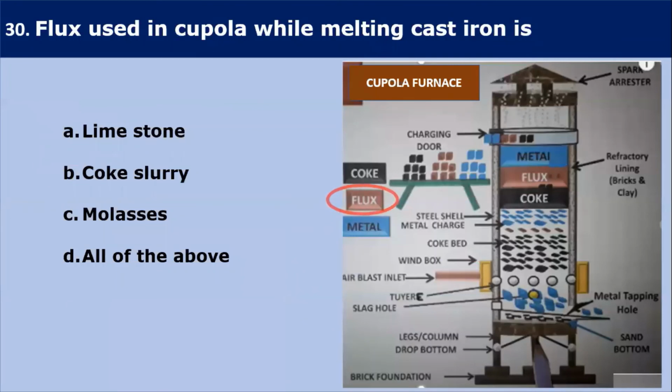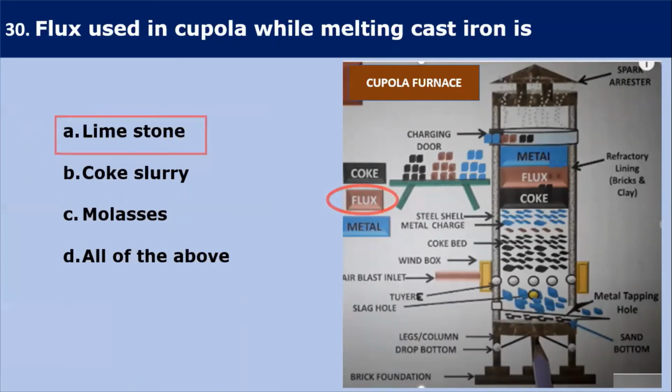Next question. Flux used in cupola while melting cast iron is... I have shown in the diagram, I'm just trying to highlight the flux. Our answer is limestone, which is used to remove the impurities from the blast furnace when making iron.